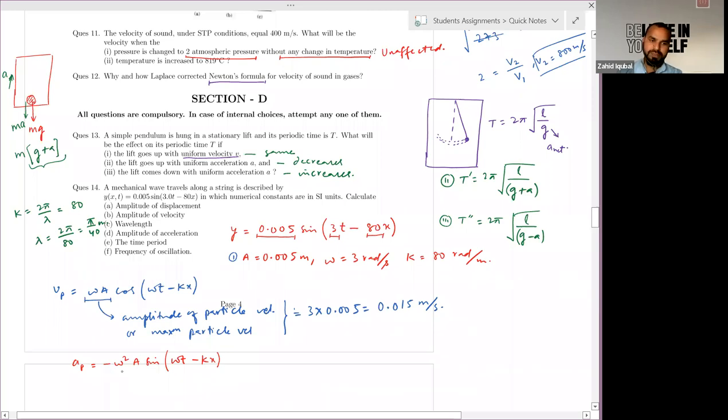The coefficient of this particular function is called amplitude of particle acceleration. You may call it the maximum particle acceleration.